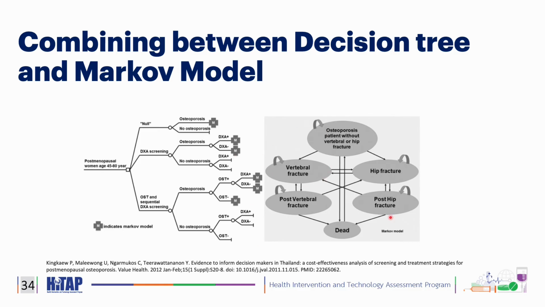After we run the Markov model and find the results, we put them in here before folding back, just like we have done in the example. This is just to let you see a clearer perspective of how to combine the two models, the decision tree and the Markov model.